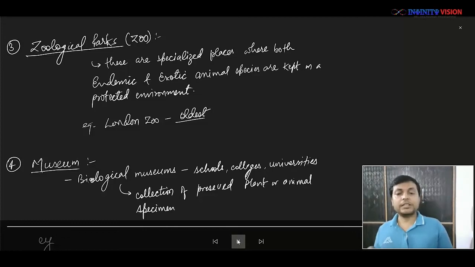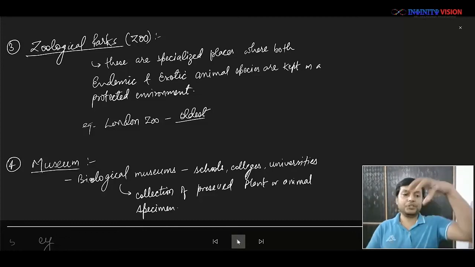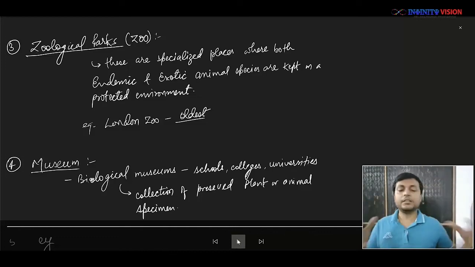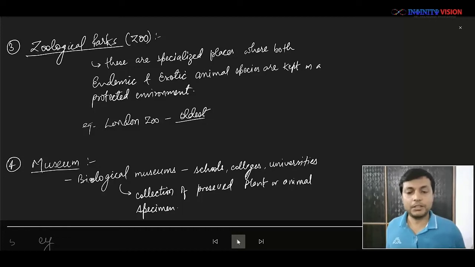Especially they have animal specimens kept in jars. They are preserved in a liquid, mostly formaldehyde. So these dead and preserved animal and plant specimens are called biological museums, and they also act as a taxonomical aid because you can study them, compare them. That will help you in doing taxonomy, or classifying and identifying organisms.